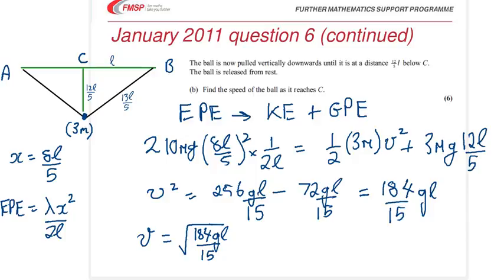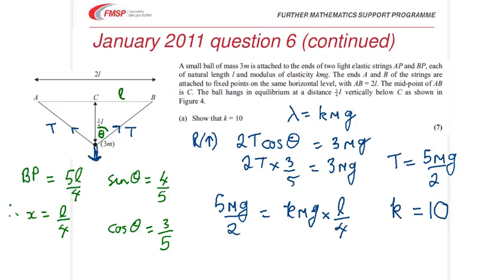Let's just look at how the marks are allocated. For the first part, we had a B1 mark for sorting out the geometry and working out the length down here and the extension.